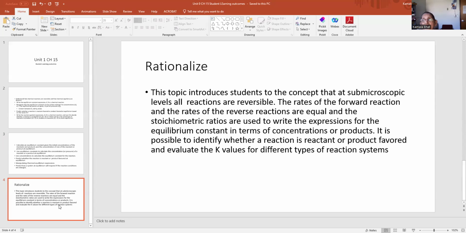Then, once you know the equilibrium constant K, knowing that it will only vary with temperature, students should be able to predict whether the reaction is reactant favored or product favored. And finally, use different K values for different reactions and determine the equilibrium constant for a required equation.